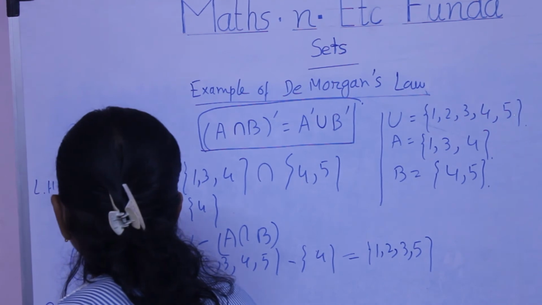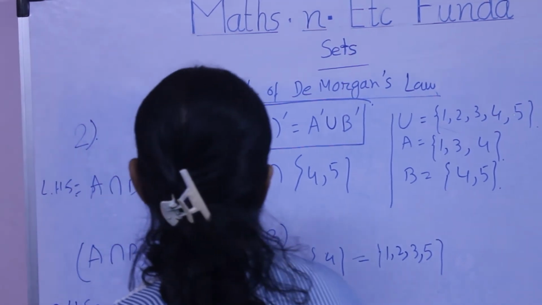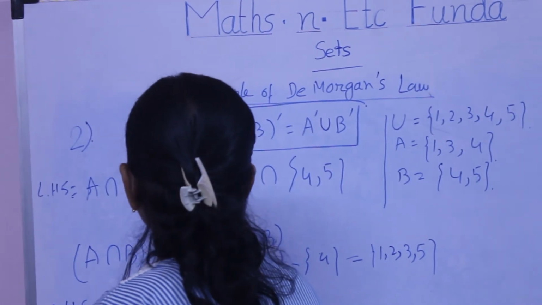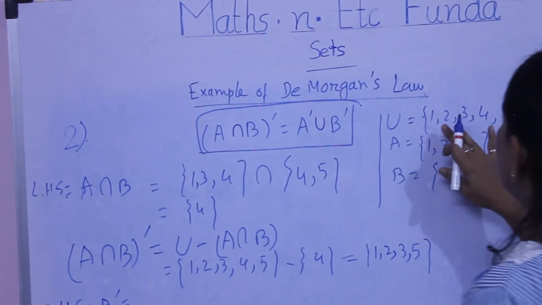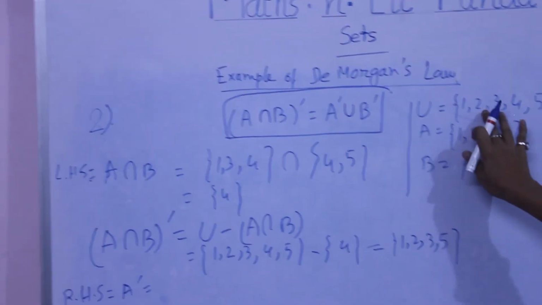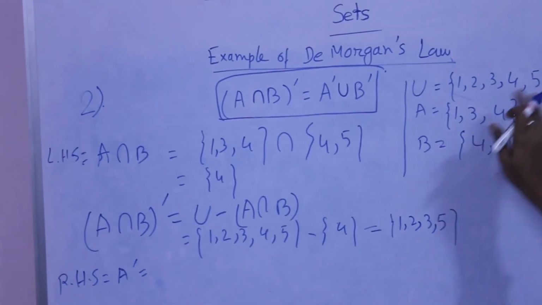Now the right hand side. A complement means elements present in the union set but not in A. So what is this? 1, 3, 4 I will strike. So 2 and 5.